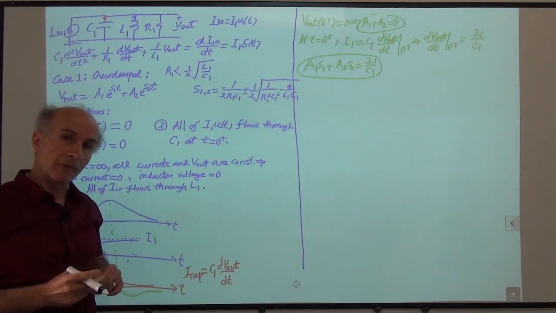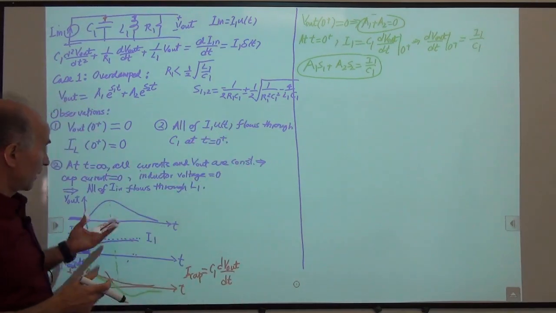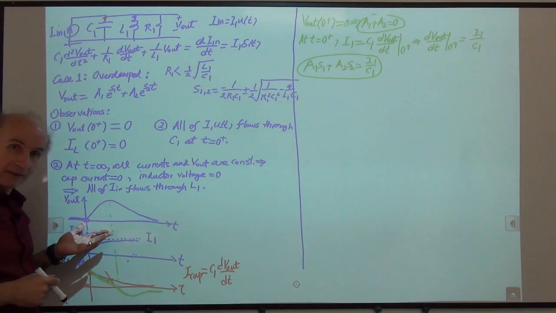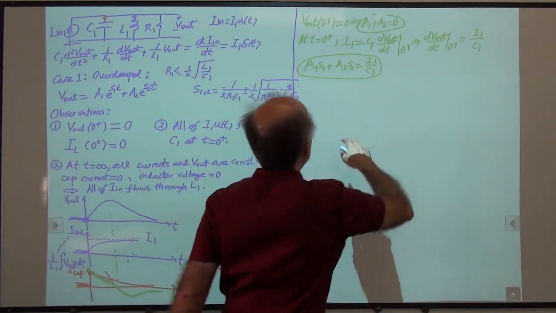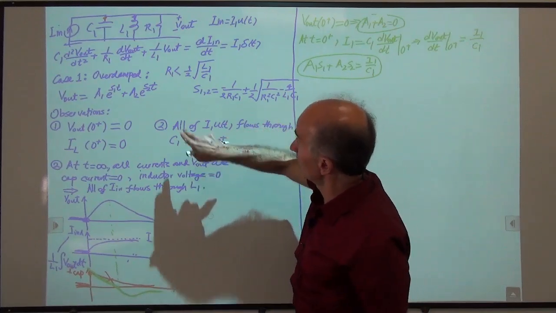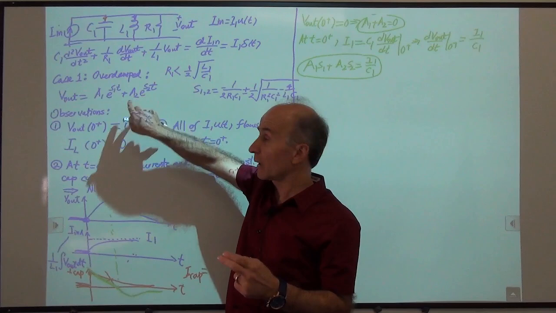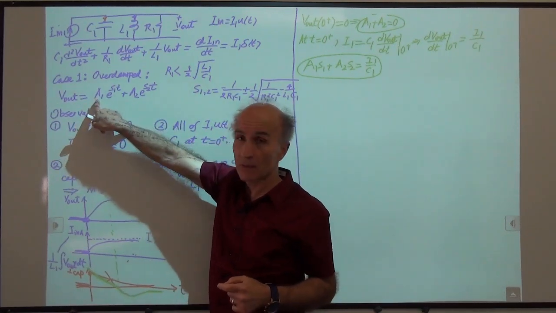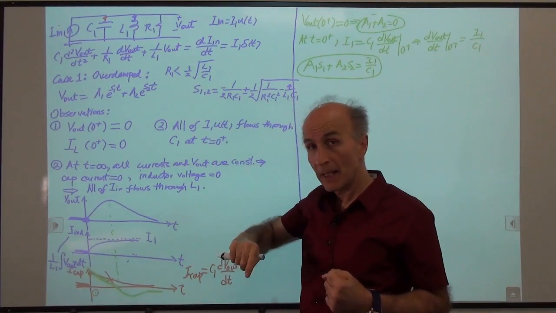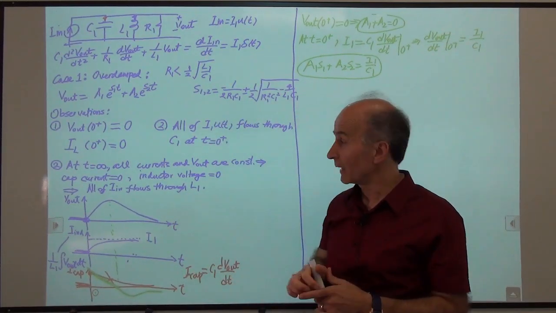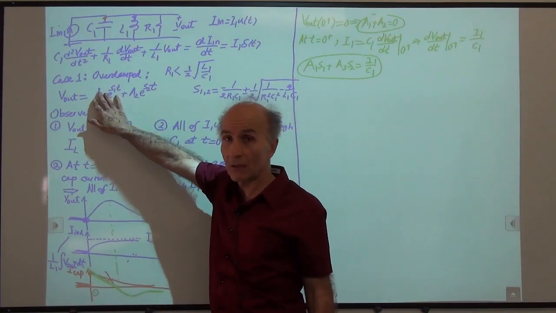All right, so does this solution agree with this general behavior that we predicted? Sure, why not? We have two exponentials in this response, right? First of all, they have equal and opposite coefficients here. So at time 0, they sum up to 0. So that makes sense. At time infinity, what happens? At time infinity, because S1 and S2 are negative, both of these decay to 0.